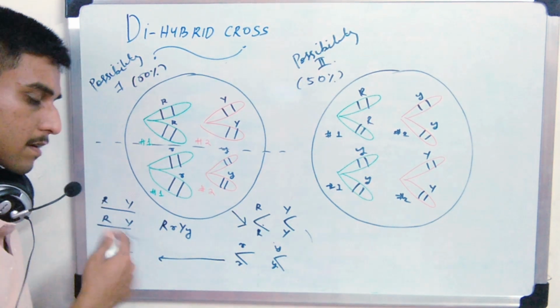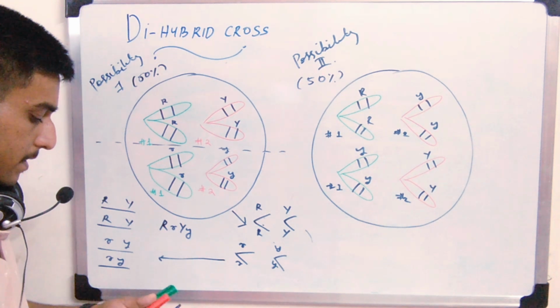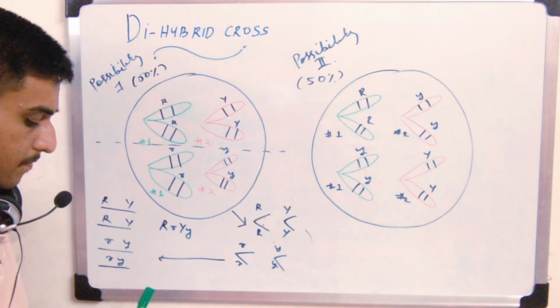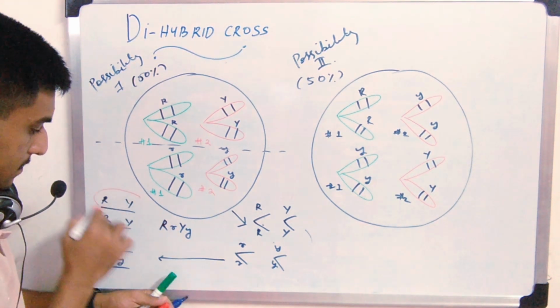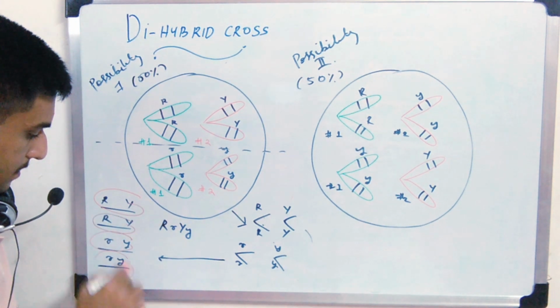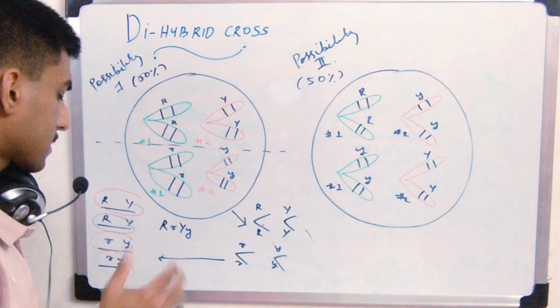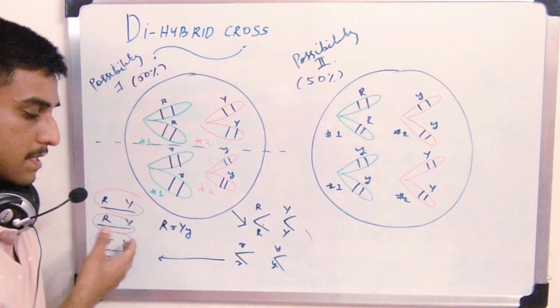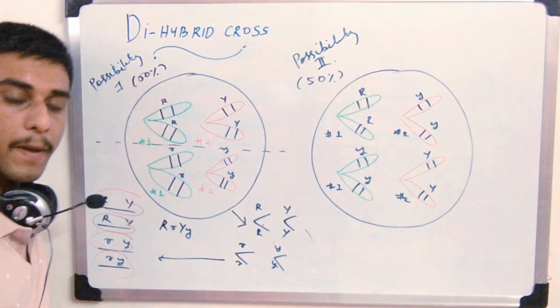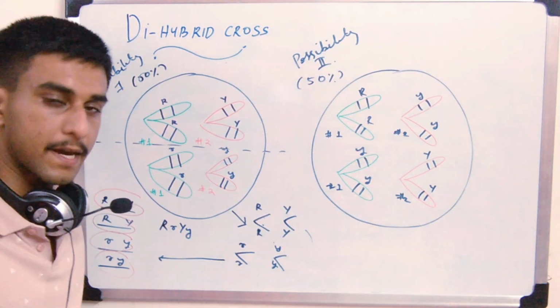So after further division, they will be forming cells. This is a cell, this is a cell, and a cell. So 4 cells will be formed, and you see the condition is equal to that of the parental condition, which means the parental genotype, right?